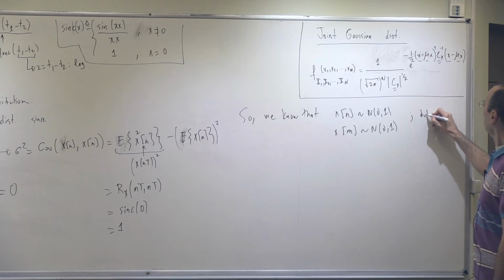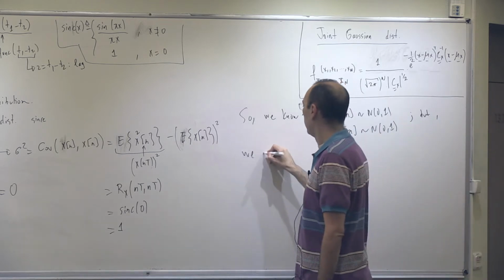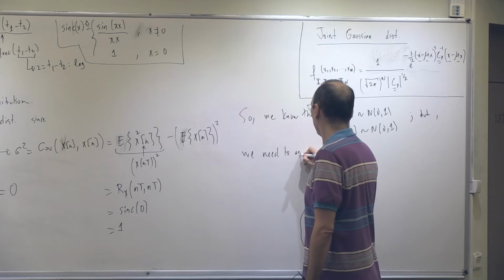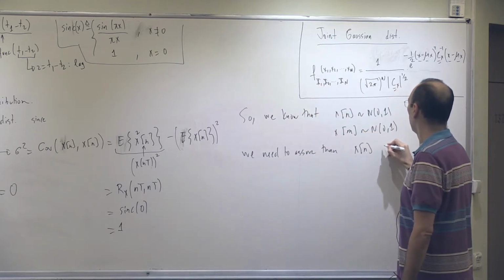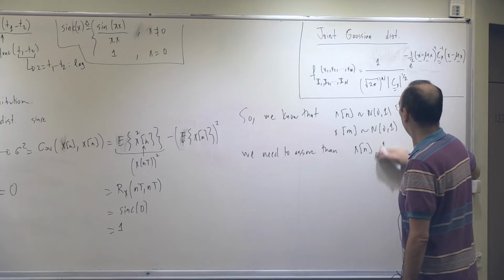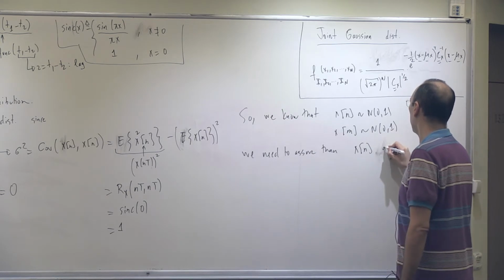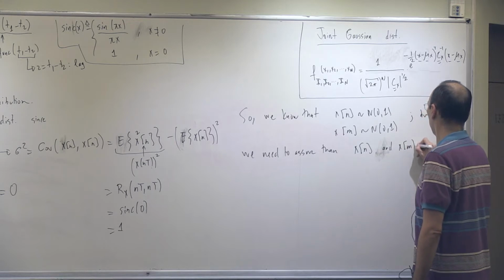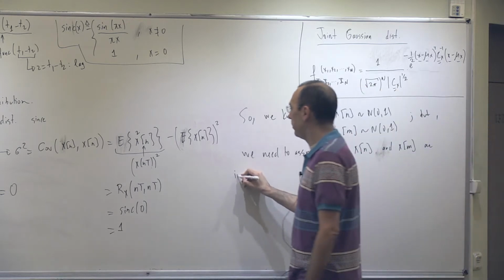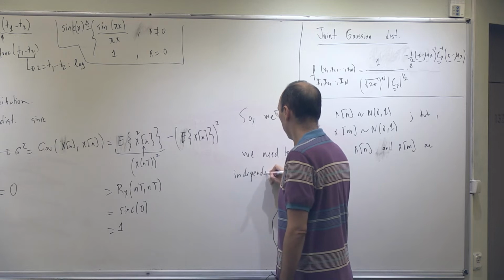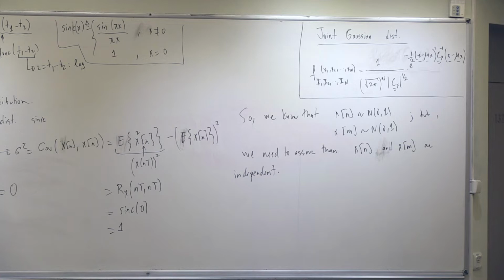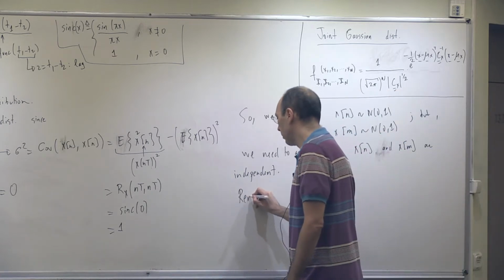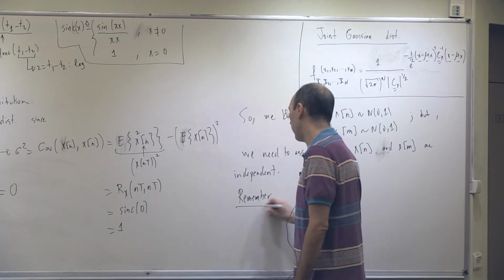But we need to assure that x of n and x of m are independent. So how can I do that? Do you remember? For Gaussian distributions, there was something special. So this is recalling your probability course, but I will show why this is true.